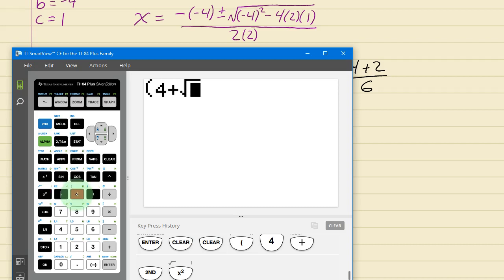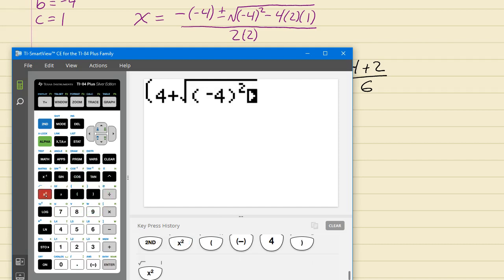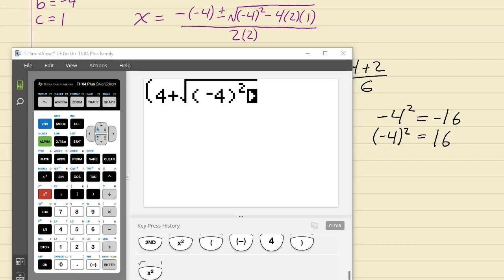Make sure that you put parentheses around the negative 4 because otherwise it will just square 4 and make it negative. Because negative 4 squared should become positive 16, and this is what I want the calculator to do, is square negative 4. But if you do 4 squared and then make it negative, you get negative 16, which would be a mistake. So that's one thing to be careful of there.